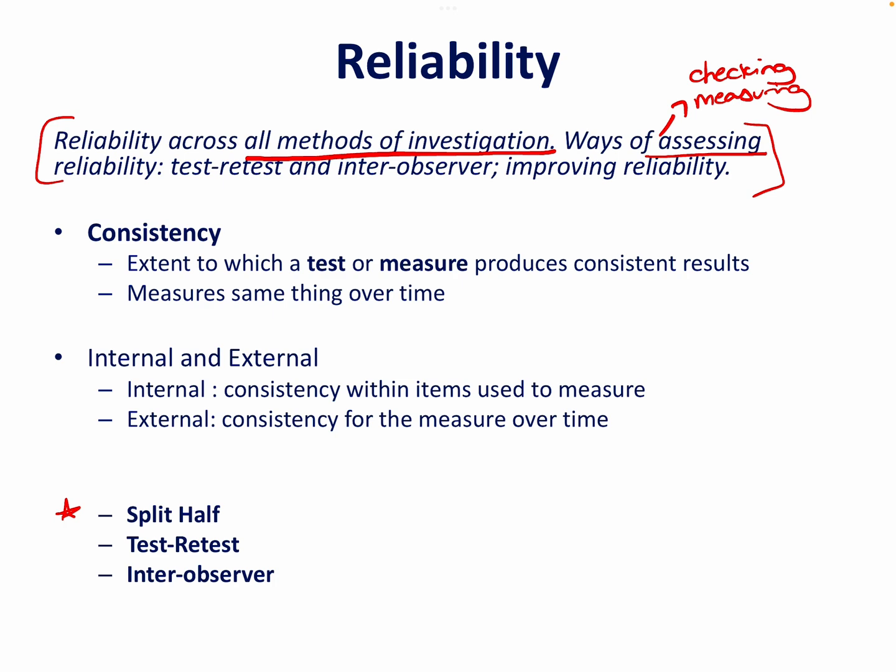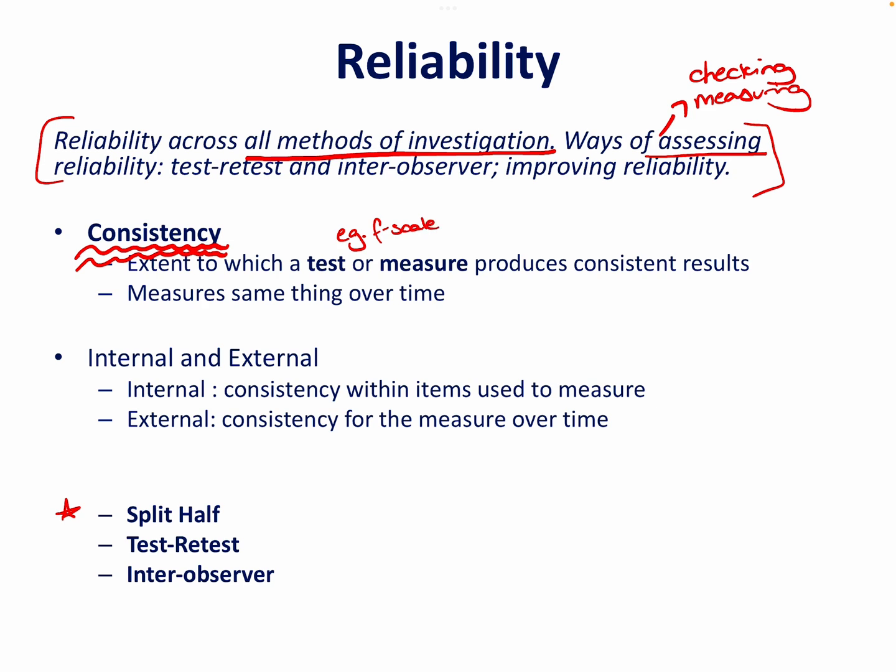So what do we actually mean by reliability? Reliability is a measure of consistency. This is our key term. Reliability is about consistency. It's the extent to which a test or a measure produces consistent results. What we mean here is, for example, a particular questionnaire like the F-scale.